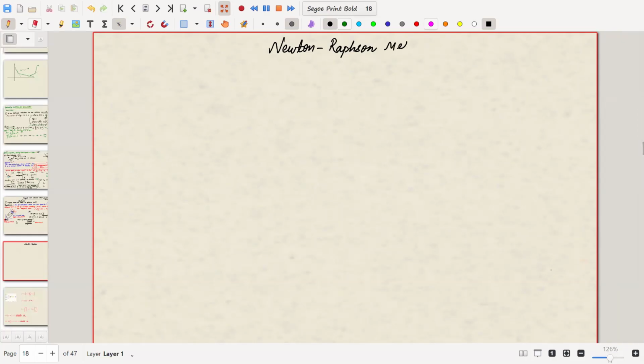So the Newton-Raphson method is very similar to root finding. Got the idea?